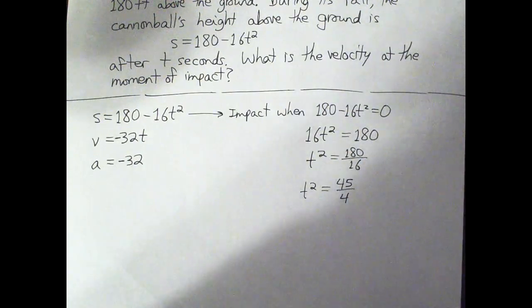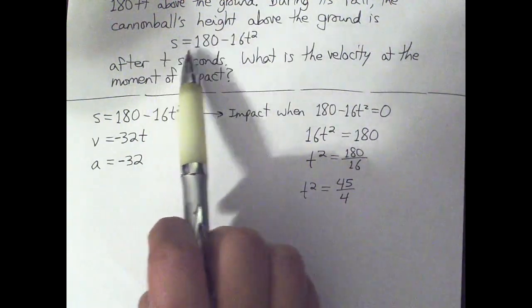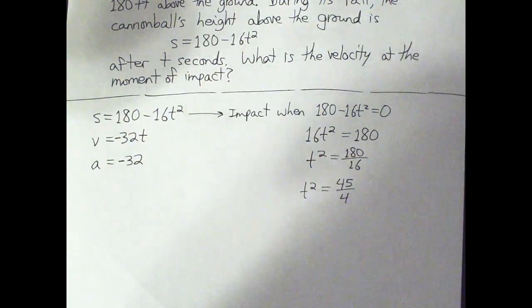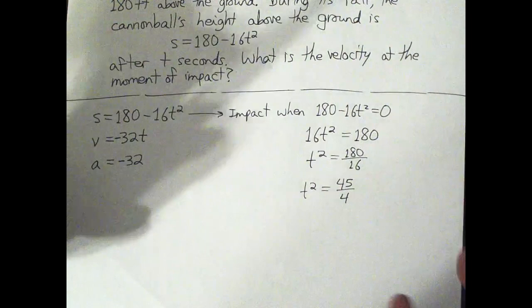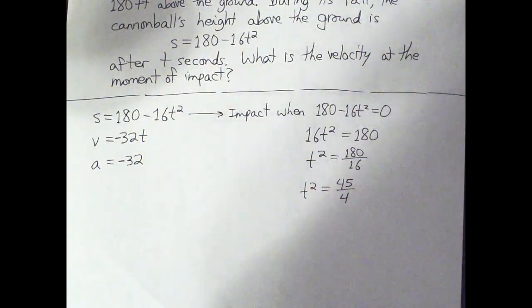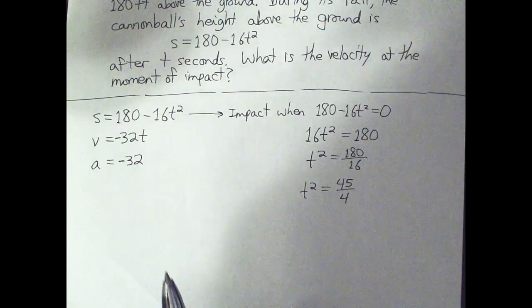The way that I'm thinking about this is, the problem says the cannonball's height above the ground is this formula after t seconds. I imagine it like a stopwatch. You drop the cannonball, and when you drop it, you start a timer that starts counting up from 0. That's what t is.